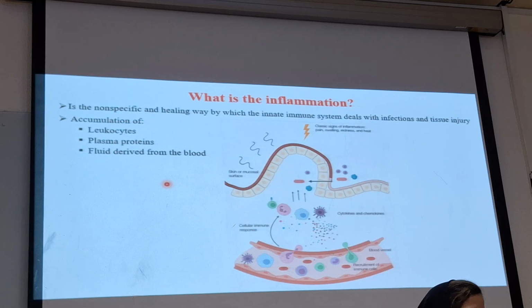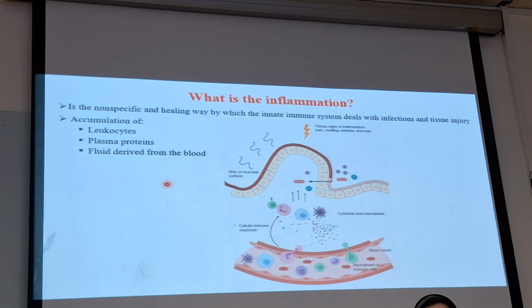15. And what is inflammation? Inflammation is very important for you, okay? Inflammation is a non-specific pathway through which our innate immune system wants to control the spreading of the infection and deals with infection in our body.